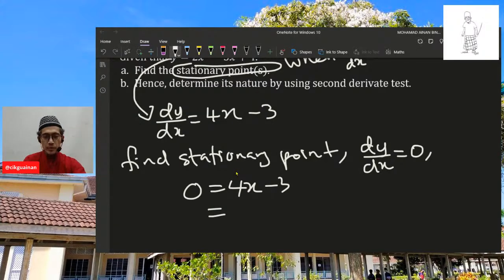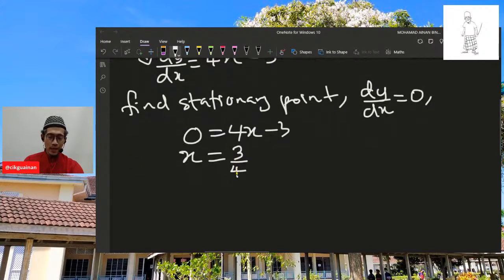So arrange to find 4x... x equals 3 over 4. Now, have we got the point already? Is this a point?